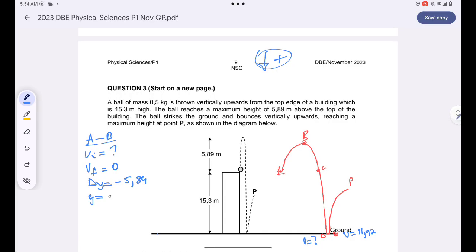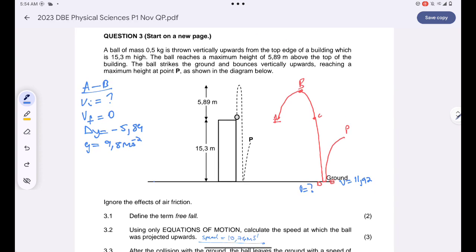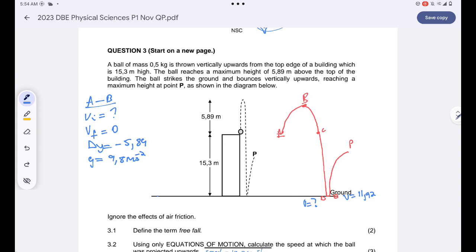That means my g will be positive 9.8 meters per second squared, right? So I can simply use the second equation to calculate the initial velocity. So Vf squared is equal to Vi squared plus 2g delta Y.